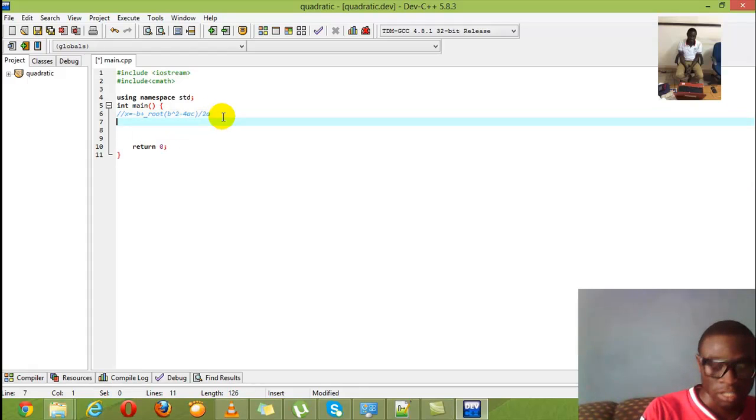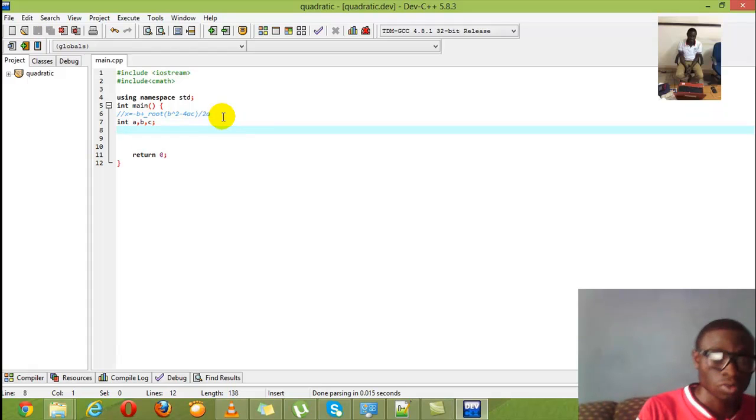They are normally integers, so we first of all declare variables for the integers a, comma, b, and c with a semicolon. So now we have this.